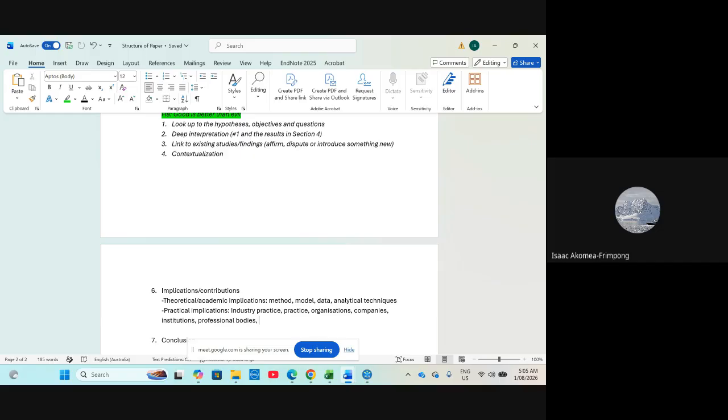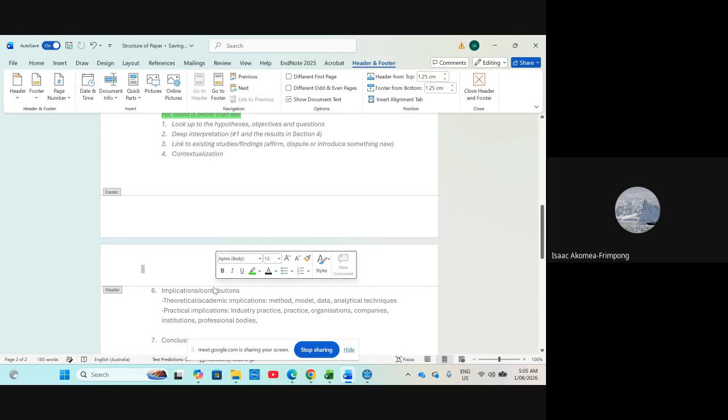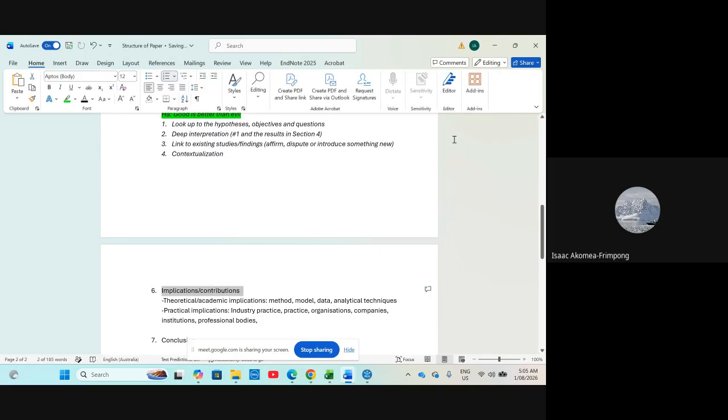Please, in this section, as I said, you need to be very practical. Don't go and copy somebody's work, and don't say something which is not there. Because if anybody who is reviewing your work looks up to your work, they will easily find that what you are saying is not true.